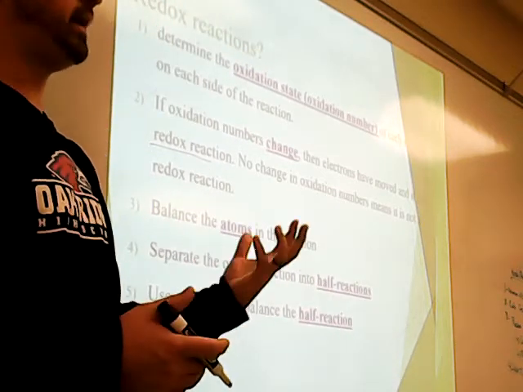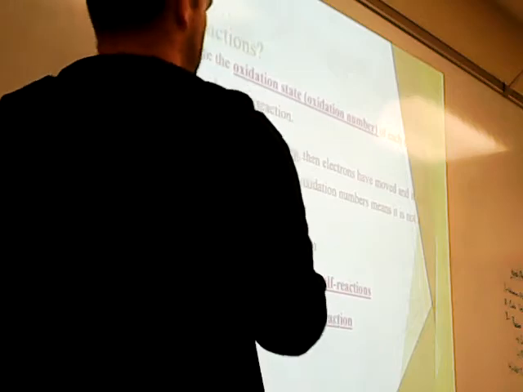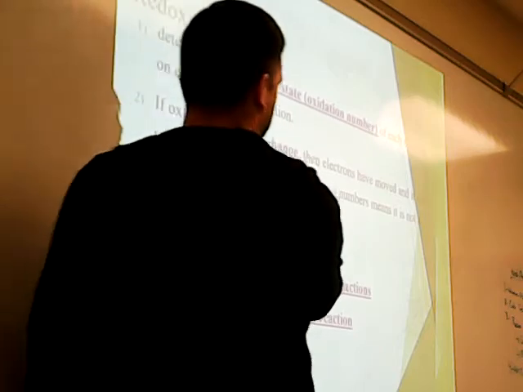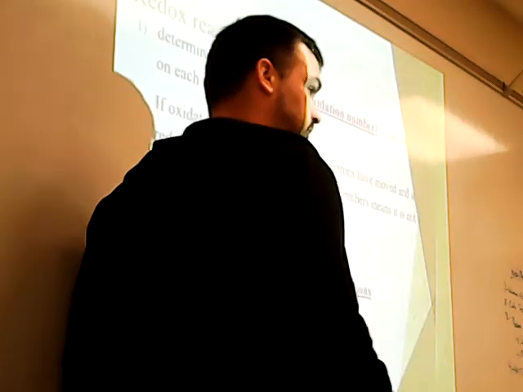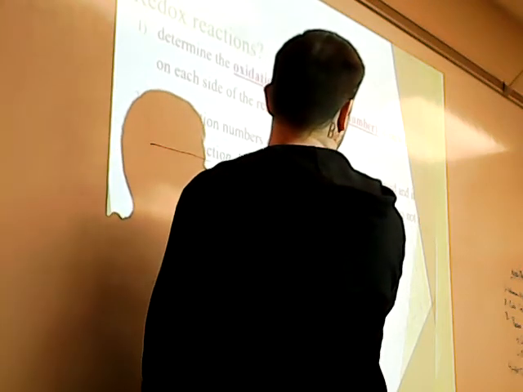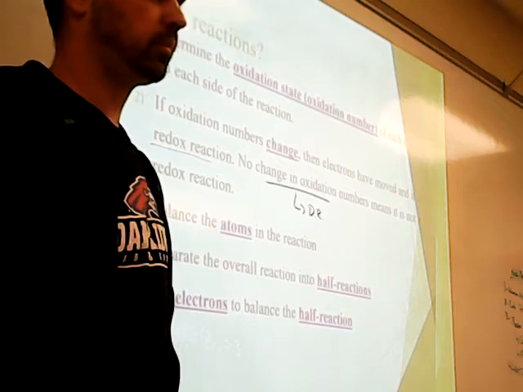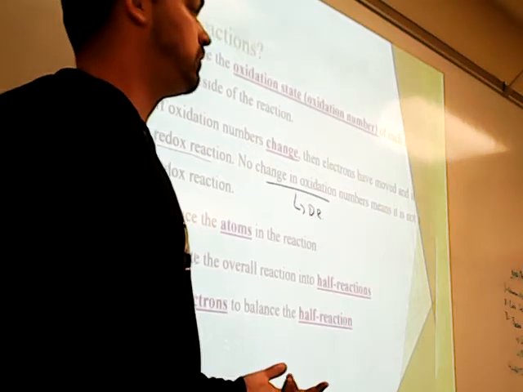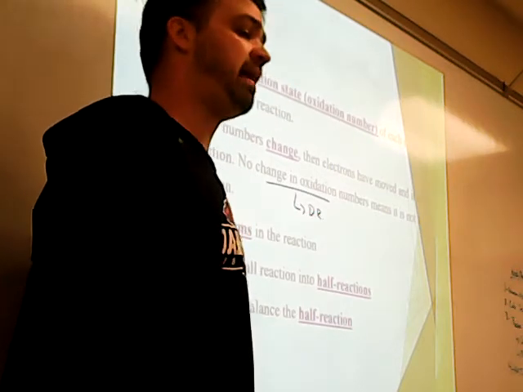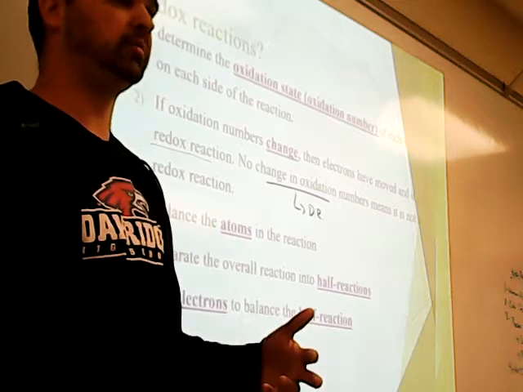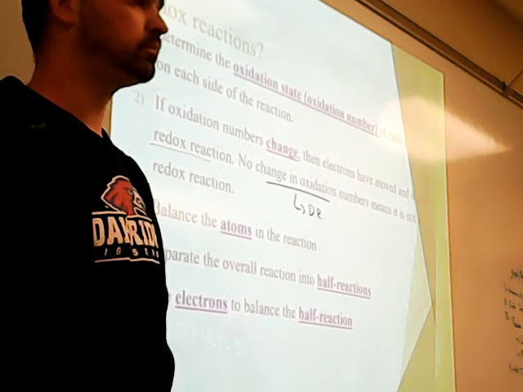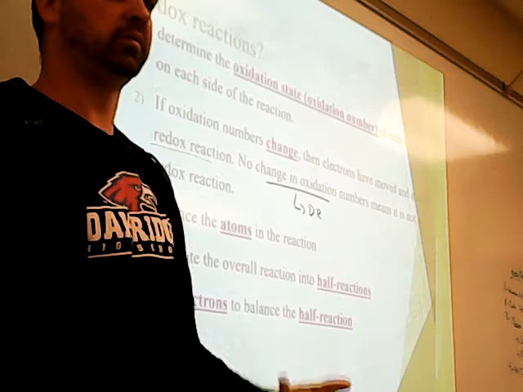Okay? And here's a little heads up. You ready? The only ones that will have no change in oxidation numbers are your double replacement. So if I ask you to do a redox half reaction for a double replacement, your answer should be, double replacement isn't redox.